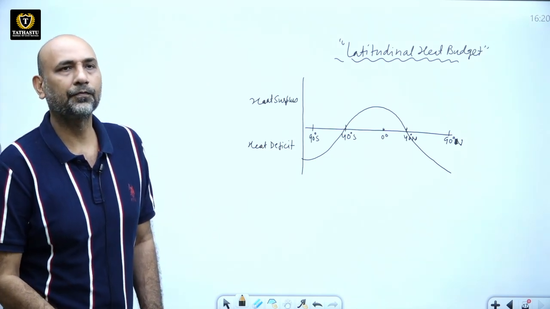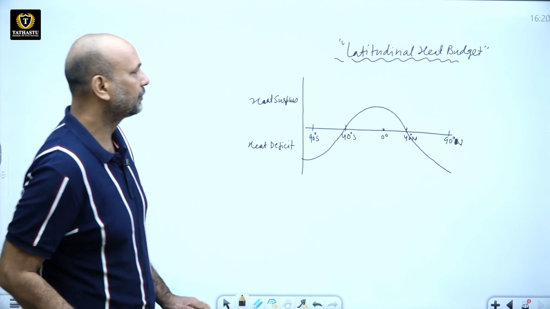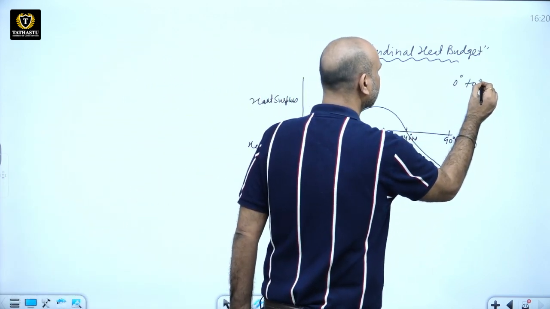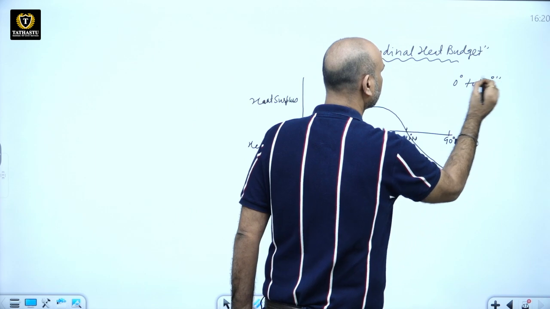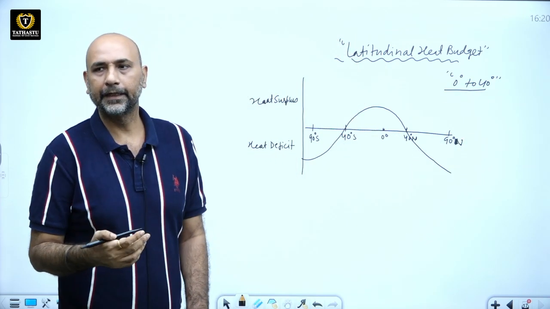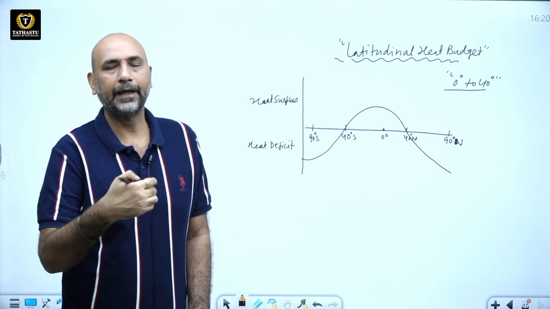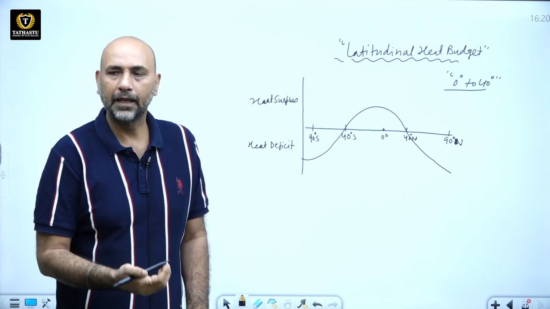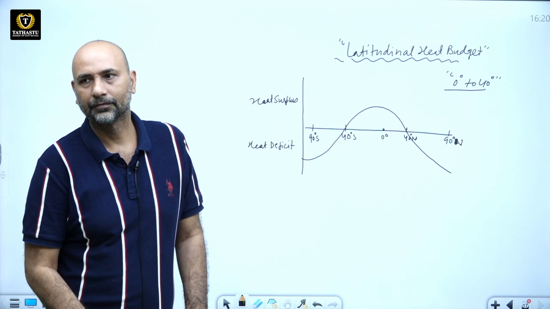Latitudinal zone of 40 degree north to 40 degree south. We can write like this, 0 to 40 degree. If we are writing like this, that means that 40 degree extending in either hemisphere, from 0 to 40 degree north and 0 to 40 degree south.